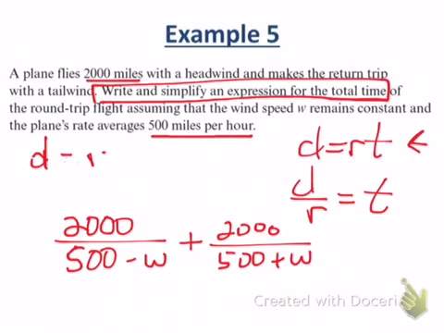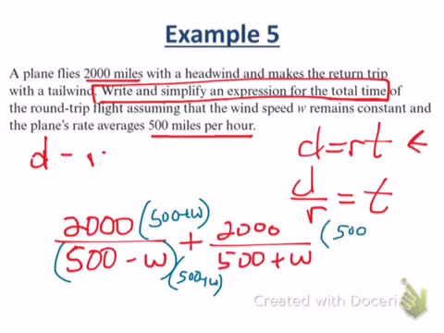So on the left, I would need to multiply by 500 plus W, top and bottom. And what do I multiply by on the right? 500 minus W. But they're not opposites. They're conjugates. They only have one sign different.